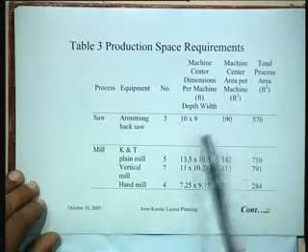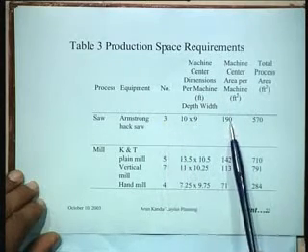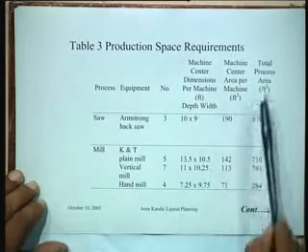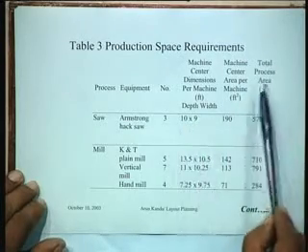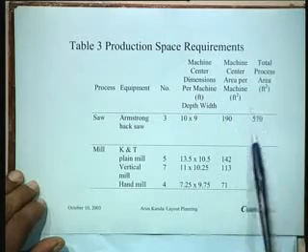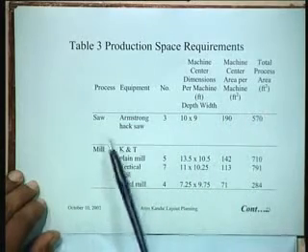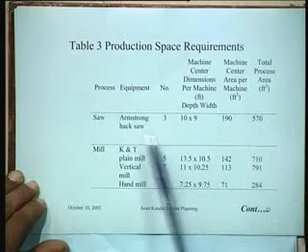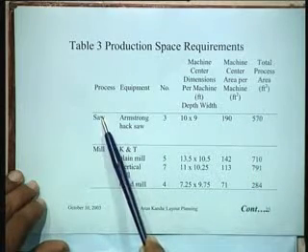So the total machine area requirement is 90 per machine, and the total process area required is, because there are 3 machines, 270 square feet. So you can find out immediately the amount of machine area that you need for this department called saw.